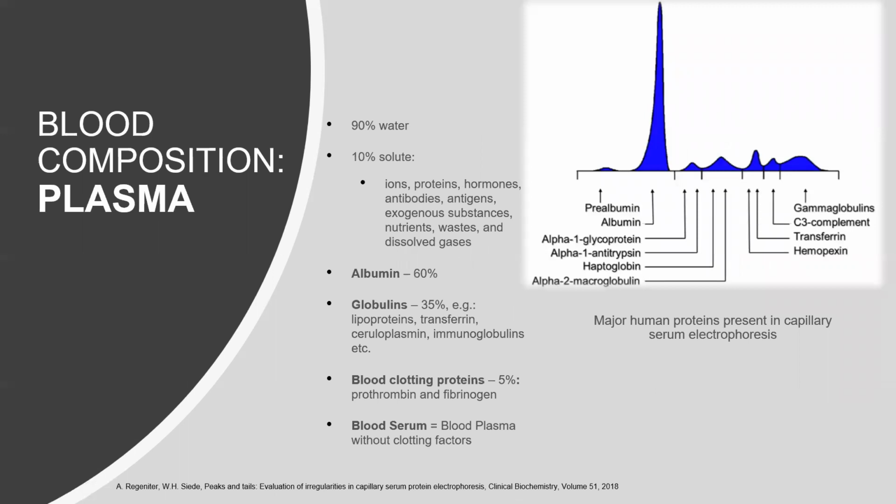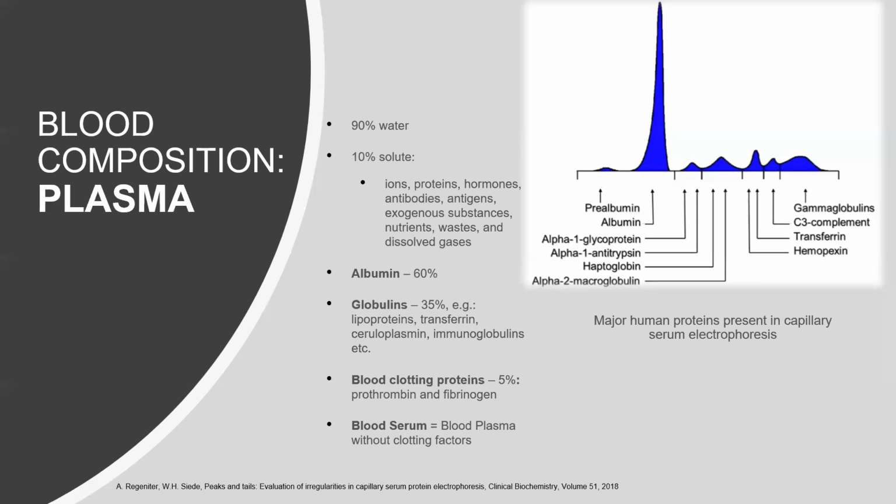Blood plasma is a fluid which contains 90% of water and 10% of solids. And those solids are ions, proteins, hormones, minerals, glucose, right? Carbon dioxide, gases, electrolytes, antibodies, antigens.